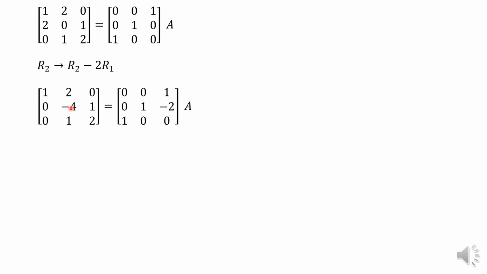Suppose in case of this 1, if I have in place of 1 say 3, 4, 7 like that, inevitably we have to divide the second row by minus 4, no option there, but luckily we are having 1, therefore we can make a swapping.